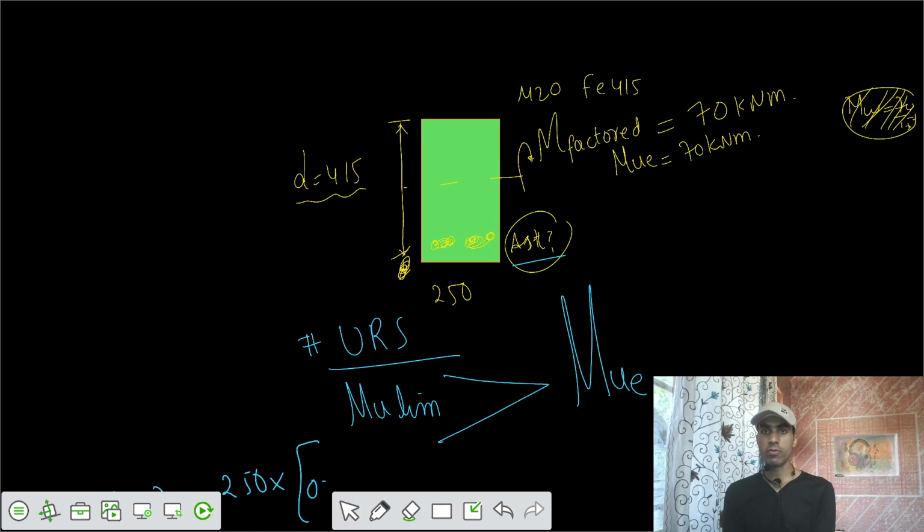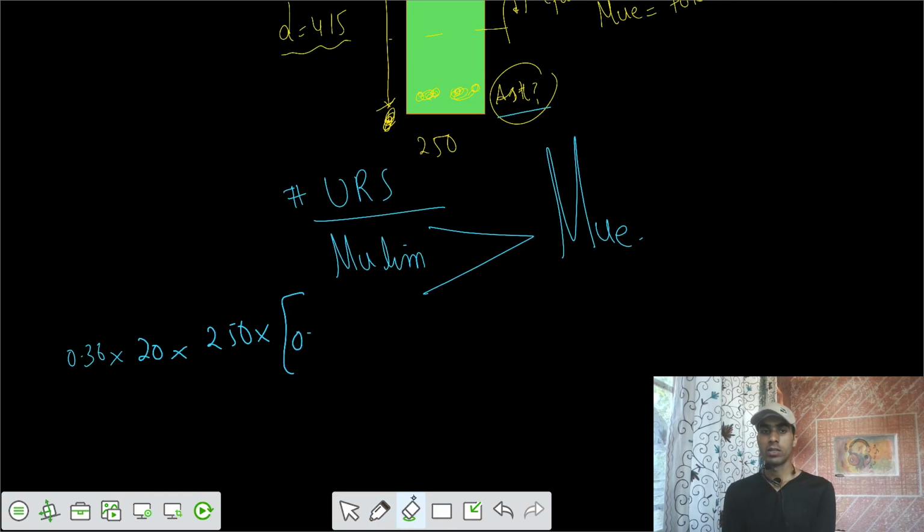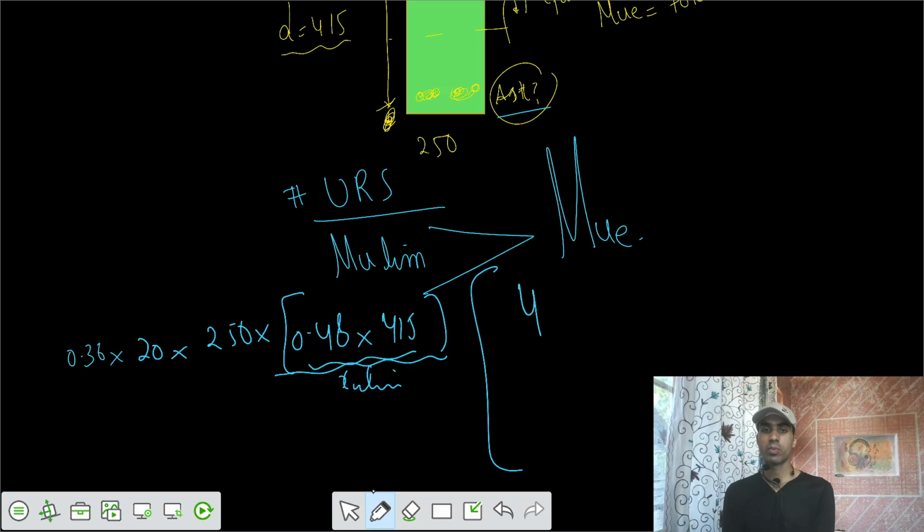Corresponding to Fe415, your value of K equals 0.48, so I would write 0.48 into D. So this is XU limiting. And we have this lever arm factor of D minus 0.42 XU. What is the value of XU? That we have to keep as XU limiting.